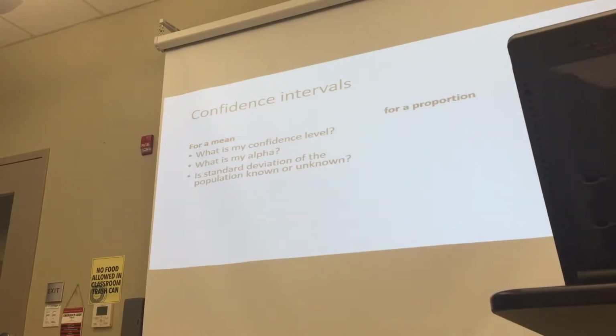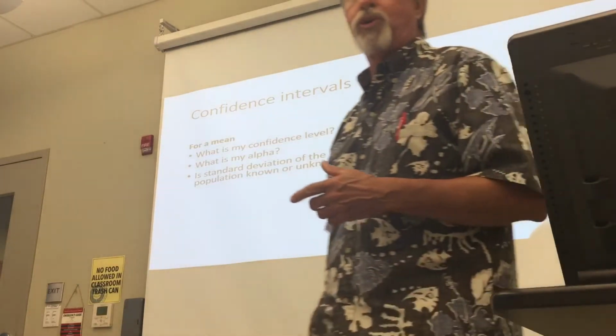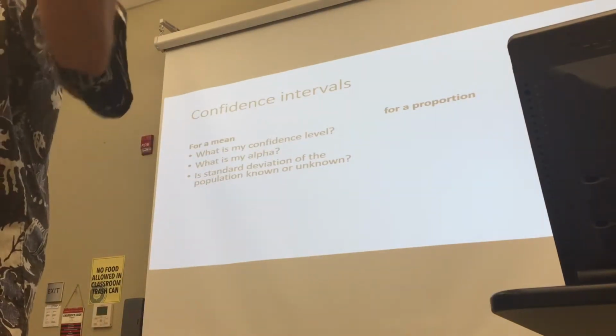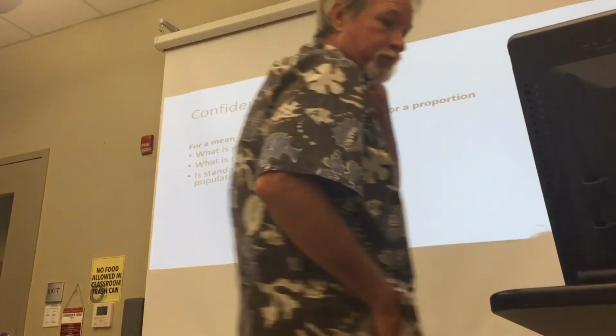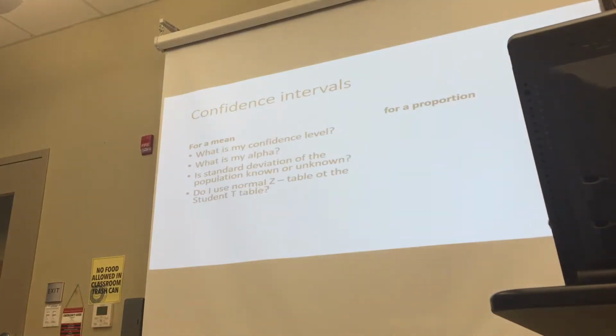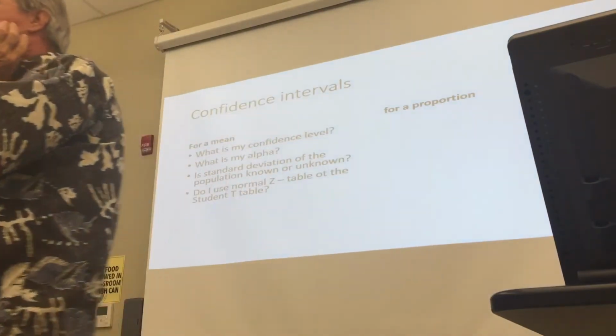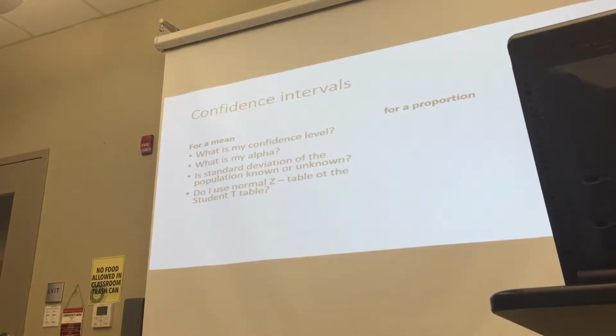Then the next question I always ask myself is, is the standard deviation of the population known or unknown? Well, we already did it if it was known. Based on the answer, do we use a normal Z table or a T table? Here's where you'll find some differences in how some books and people deal with this.